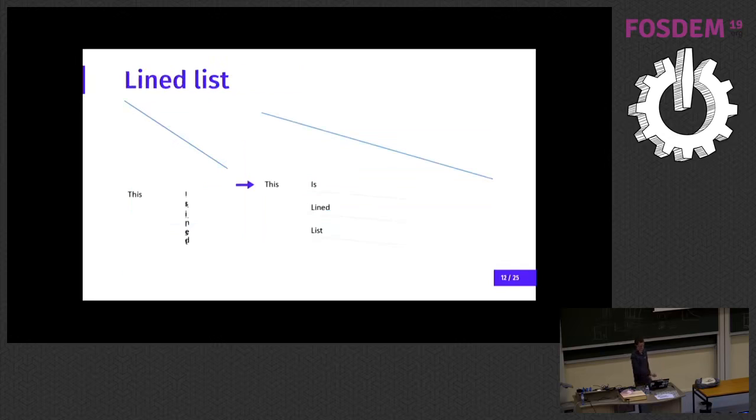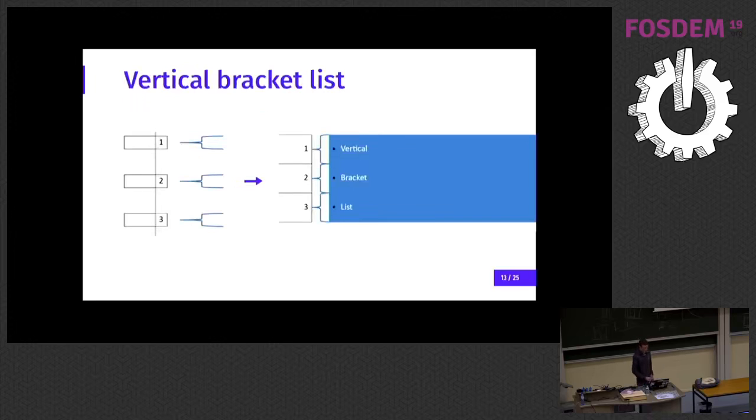So a prime example of this is this line list where the lines are still not perfect, but this was just not readable before. And now we see that this is a lined list. Or in the vertical bracket list case, simply the content of the actual element on the right-hand side was completely missing.